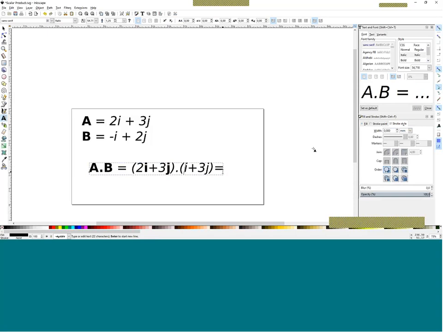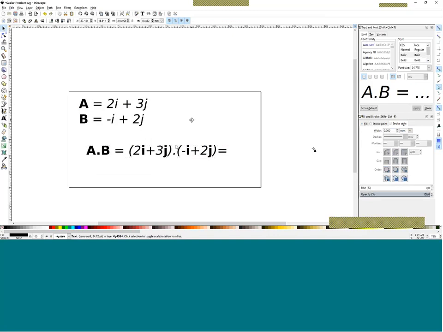This didn't work out perfectly. That's supposed to be 2. Okay, so now that we've got everything.